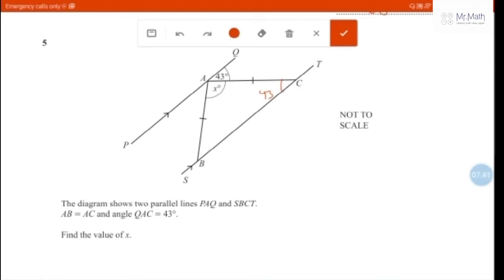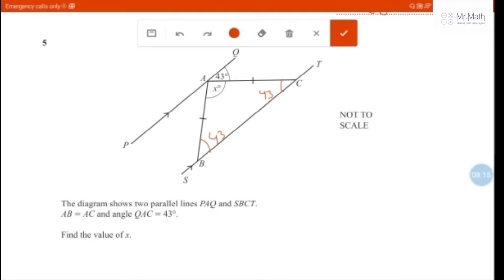Now, since AB is equal to AC, triangle ABC is an isosceles triangle. And when I have an isosceles triangle, the two adjacent angles are equal. So since C is 43 degrees, then the angle at B is 43 degrees. Now how can I find x? I know that for any triangle, the summation of all interior angles is equal to 180 degrees.